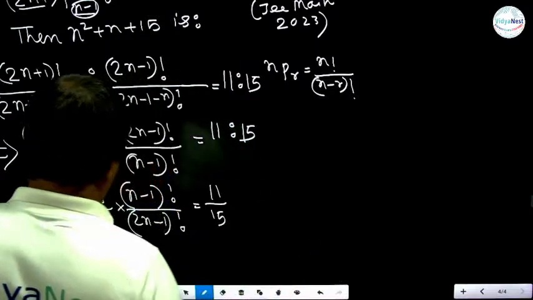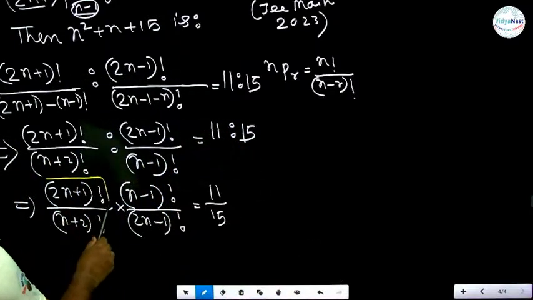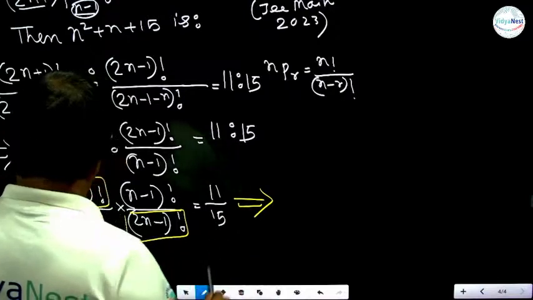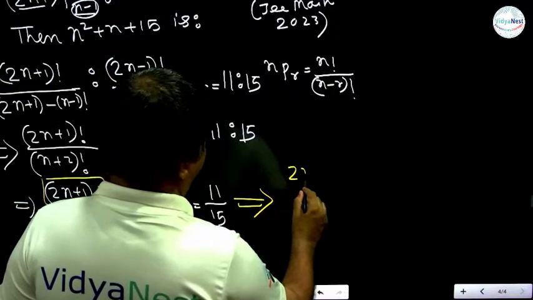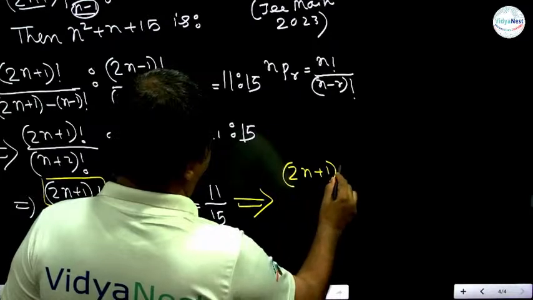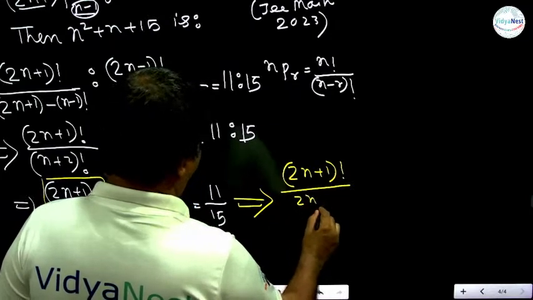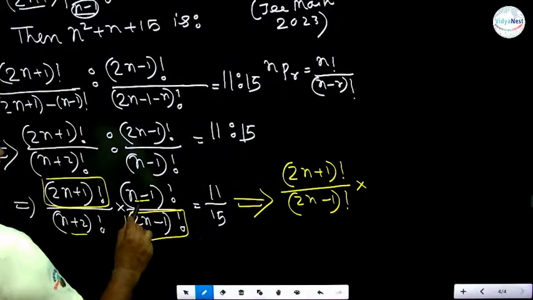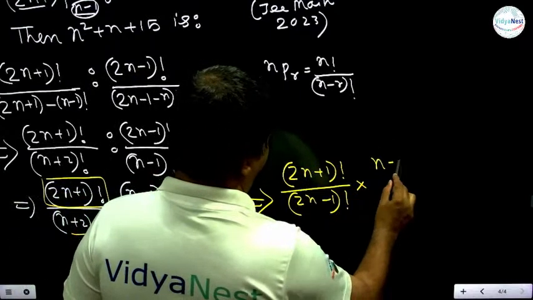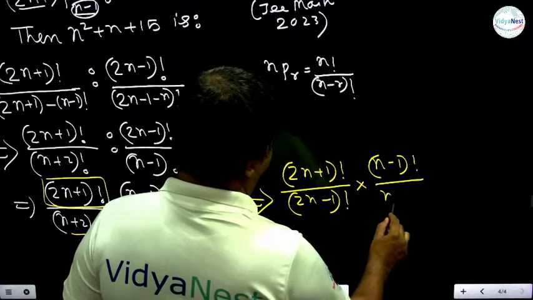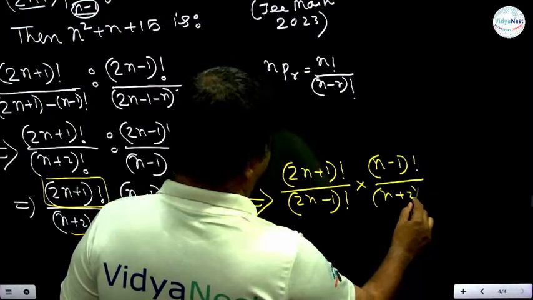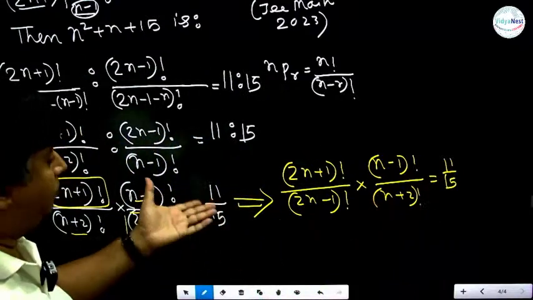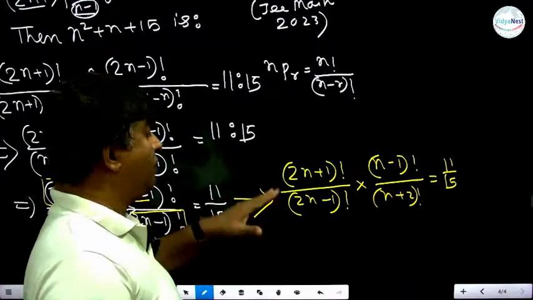In next step, I will put this and this together, and this term and this term together. Now, out of this 2n plus 1 and 2n minus 1, which is bigger?